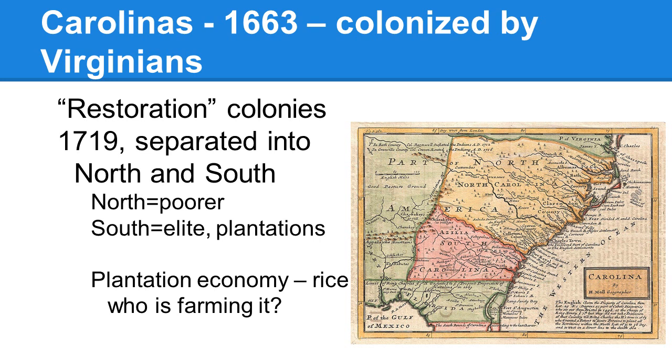So who is it that is farming it in Virginia? By 1663, when it first came about, slavery wasn't a really, really big thing. And even by 1719, it wasn't. It was Native Americans that were farming that rice. And so both North and South Carolina were very into a slave trade, but it wasn't black slaves coming out of Africa. It was Native Americans that they were enslaving.